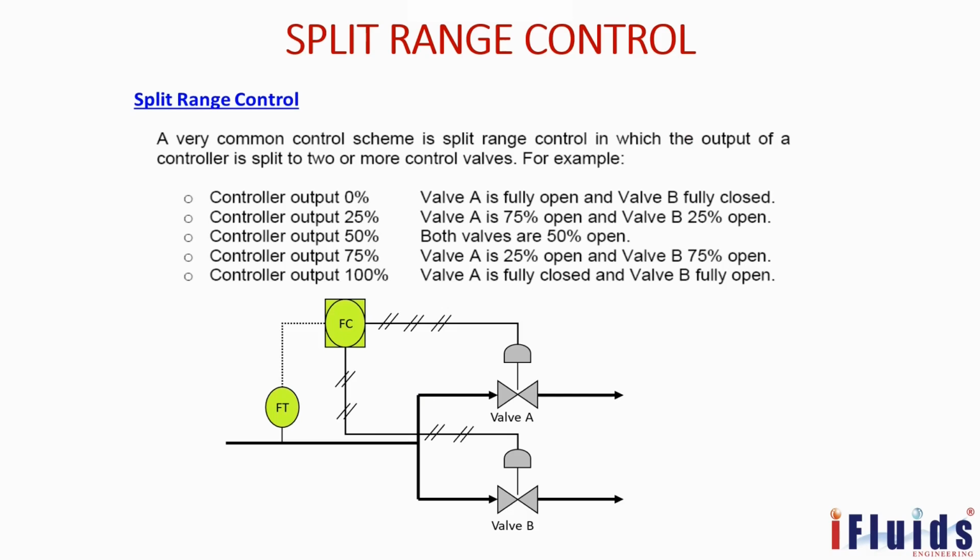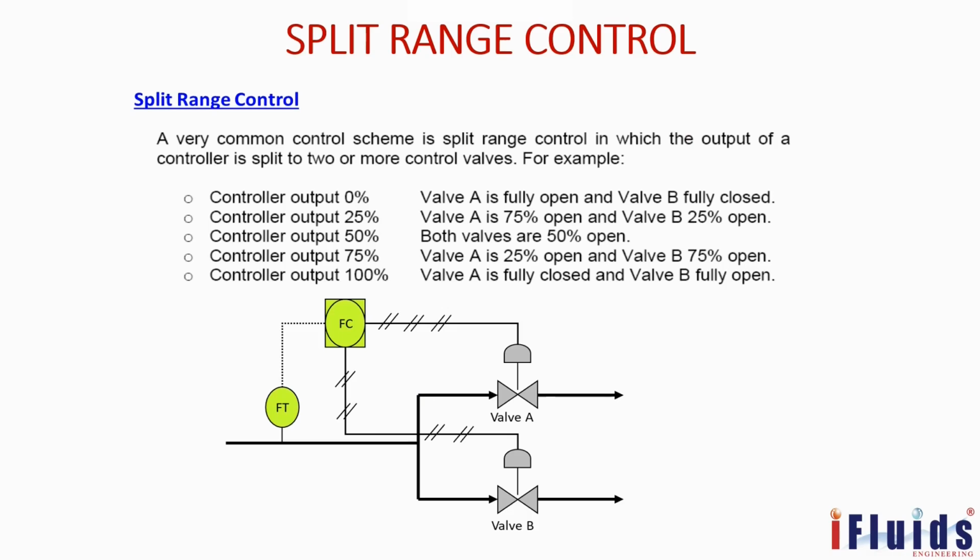So simply, one transmitter, one controller, and it is splitting into two. This type of control action is most probably used in the process gas outlet going to a downstream process. Sometimes the process gas is at higher pressure, and some portion of the gas will be routed to flare or recycling.